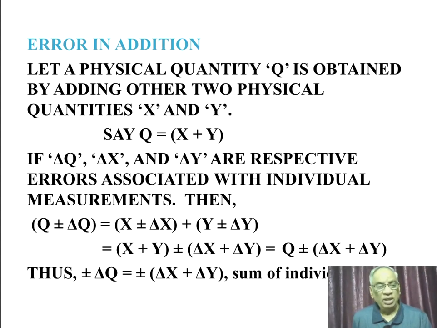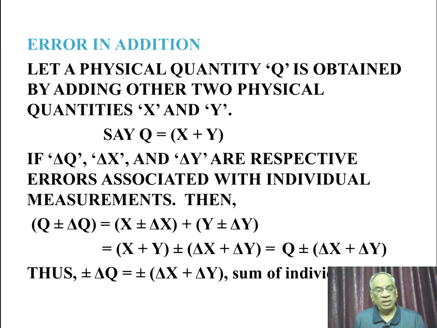Similarly, q being the quantity you want to measure, and the respective error being delta q, the parameter has to be expressed in the way q plus or minus delta q. Because q is the addition of the parameters x and y, that is q is equal to x plus y, q plus or minus delta q is given by the sum of x plus or minus delta x plus y plus or minus delta y, the two respective values.